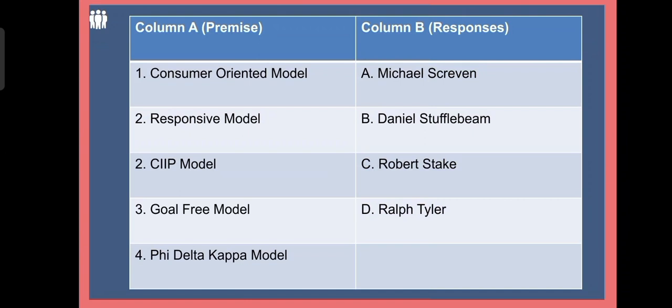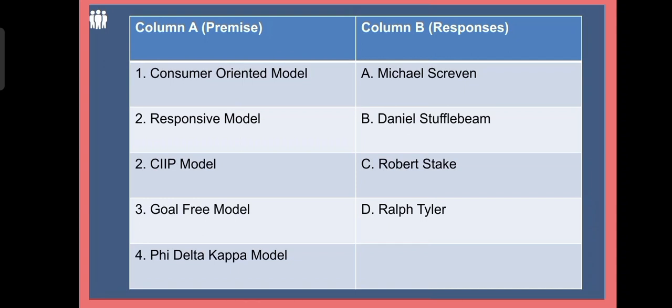These are column A and column B. So I will be explaining the type of matching activity called imperfect matching. This means that the number of items in one column does not match the number of items in the other column. In this case, column A has 5 curriculum evaluators listed and column B has 4 evaluation models listed.